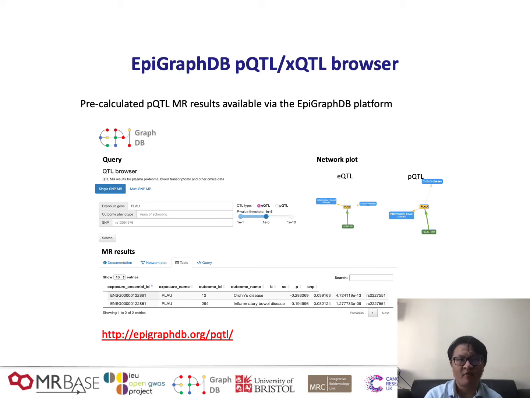Within the platform, we are able to query the protein we are interested in, the outcome we are interested in, or even the SNP we are interested in. And the platform will return the graphical results and the MR results in a table.